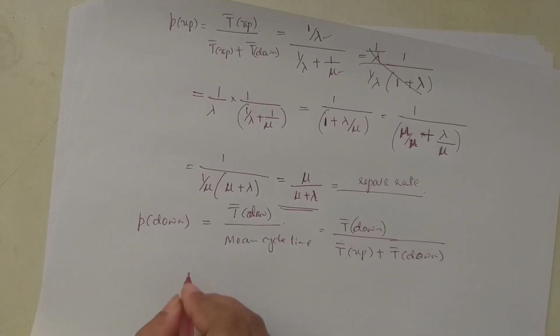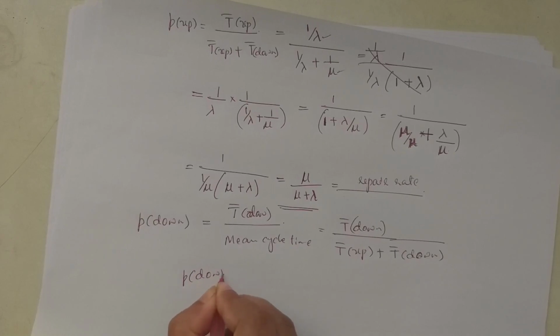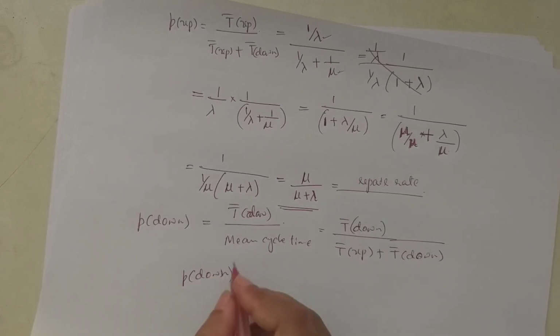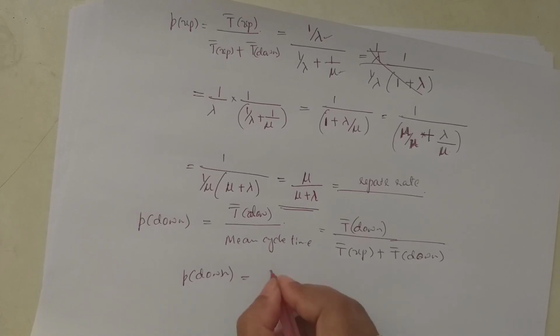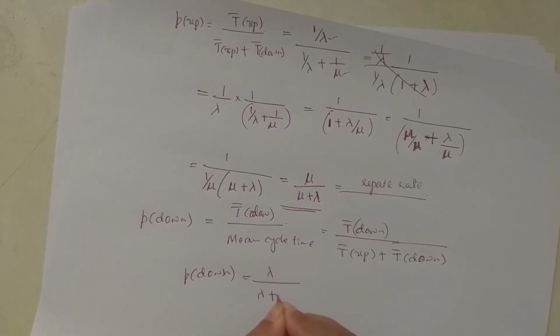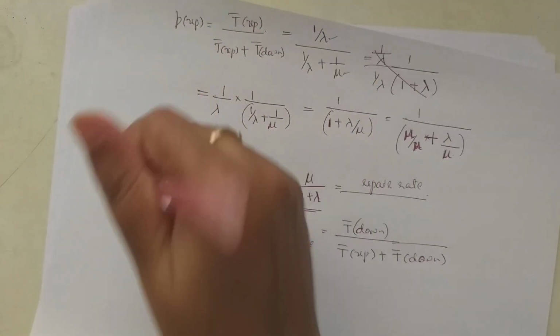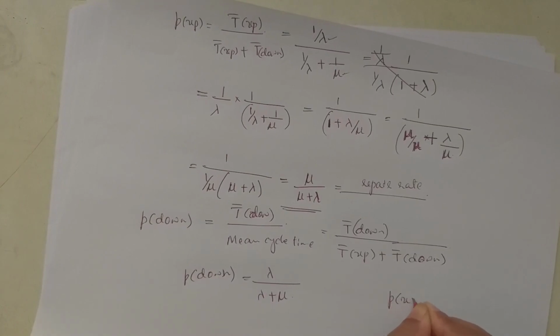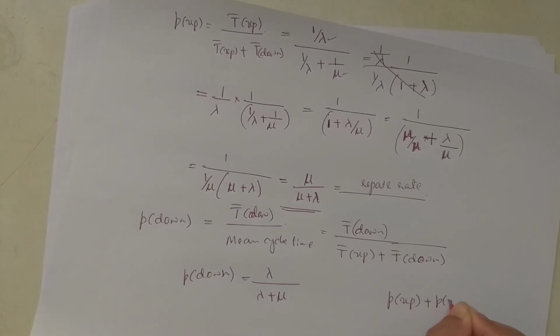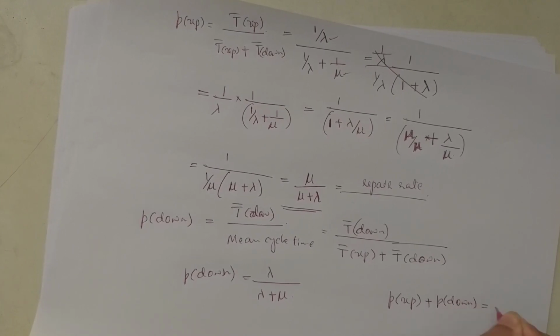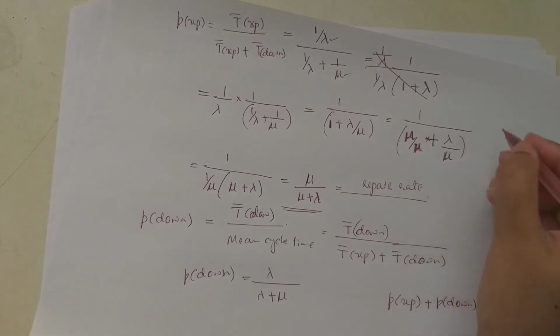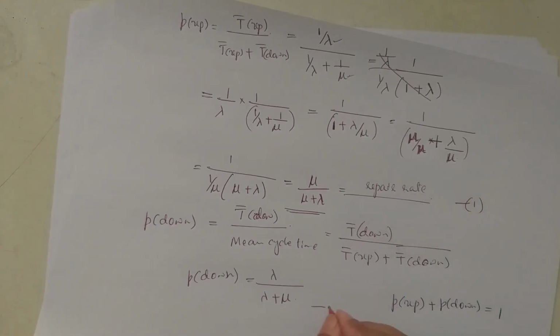So from this, when we calculate P down by substituting the failure rate as well as repair rate, we get lambda by lambda plus mu. So P down is equal to lambda by lambda plus mu. Adding the probability of unit being up and unit being down, we get P up plus P down is equal to 1. Let this be equation 1, let this be equation 2.